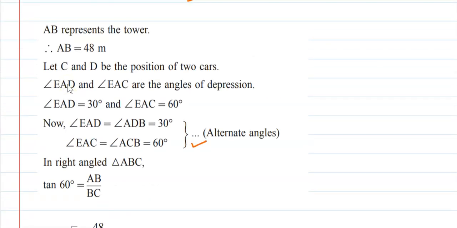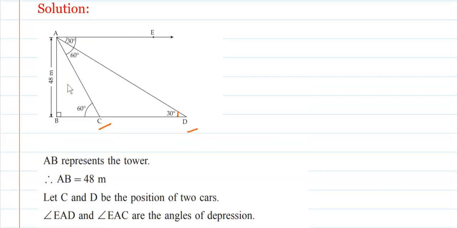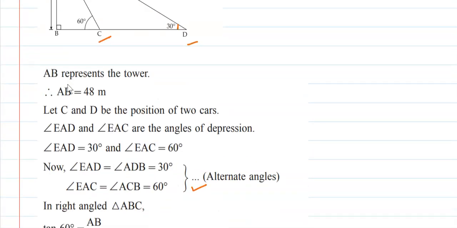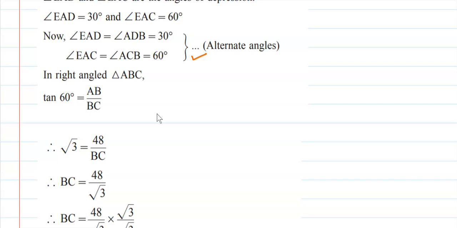Therefore in triangle ABC, tan 60 is equal to AB upon BC. Tan 60 is root 3. AB is 48 upon BC. Therefore BC is equal to 48 upon root 3.